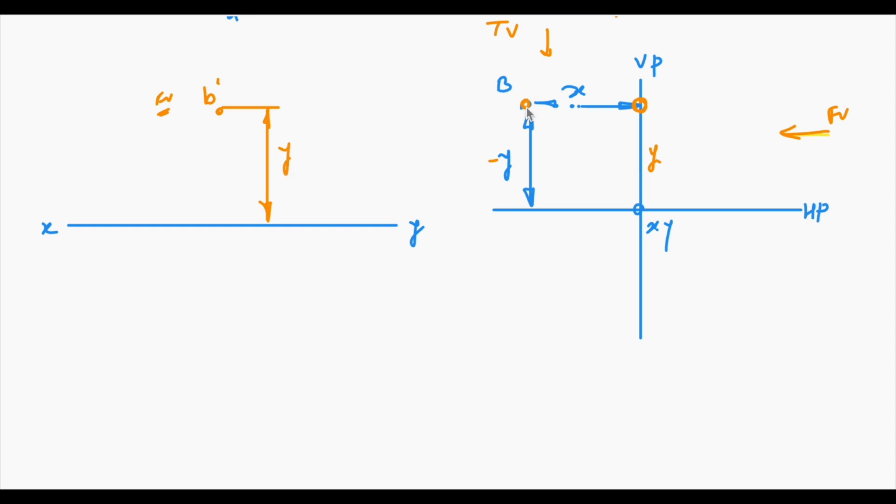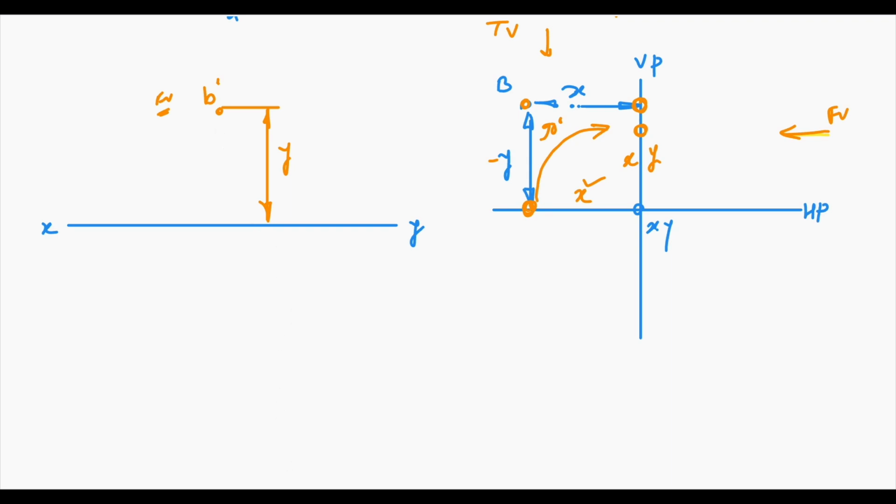To draw top view, it will be projected over here. Distance from vertical plane is x, same distance will be taken for top view. It is appearing on HP, so when you rotate the HP in clockwise direction by 90 degree, this top view will get shifted over here and distance will be same as that of x.